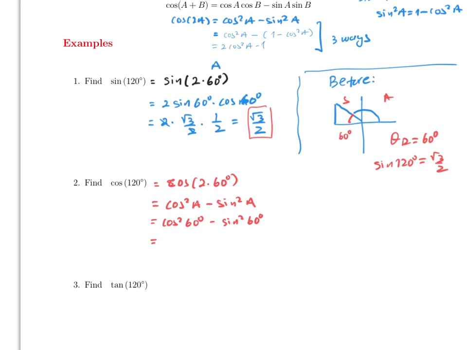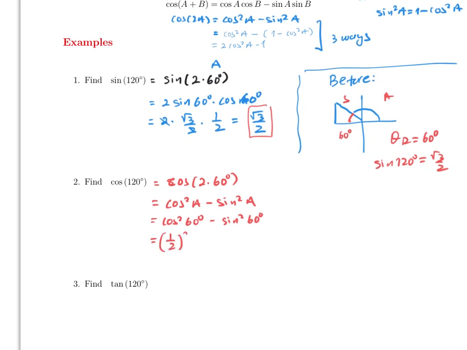Cosine of 60 is 1/2, so it's 1/2 squared, and sine of 60 is radical 3 over 2, squared. So you end up with 1/4 minus 3/4, which gives you minus 1/2. And you can check: cosine in the second quadrant is negative, and cosine of 60 is 1/2, so cosine of 120 is minus 1/2, which matches perfectly.